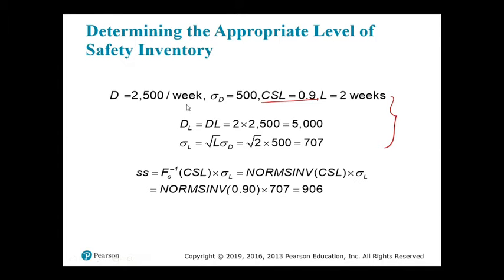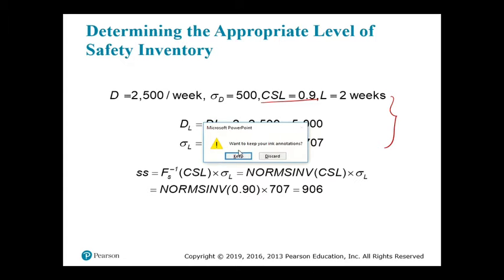And we want to find out what is the safety stock level for ensuring that 90% service level. Then we just plug in the numbers into this NORM.S.INV function. The input is 0.9, and don't forget it's multiplied by sigma L, which we had calculated to be 707. So the safety stock turns out to be 906.